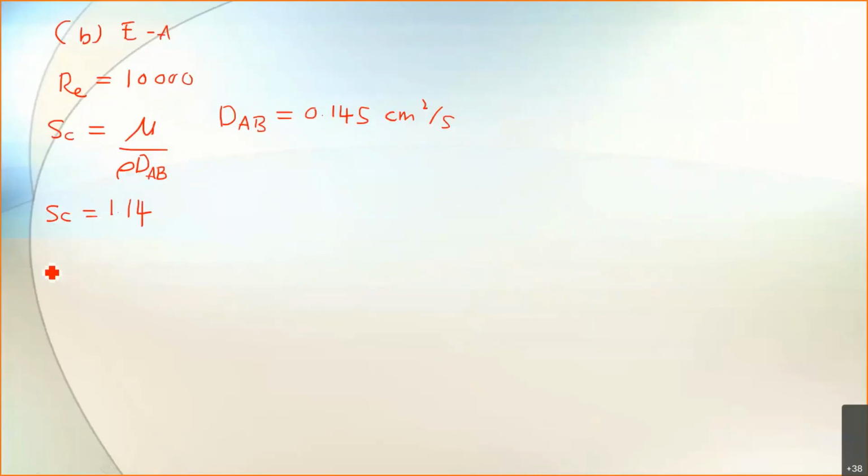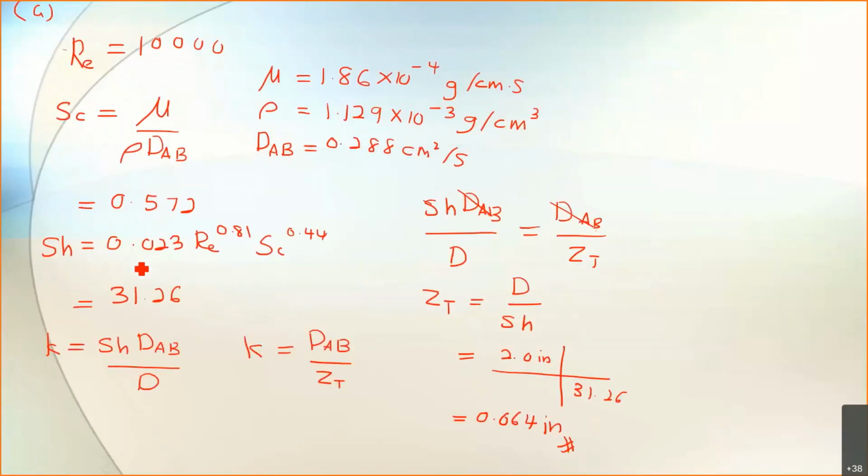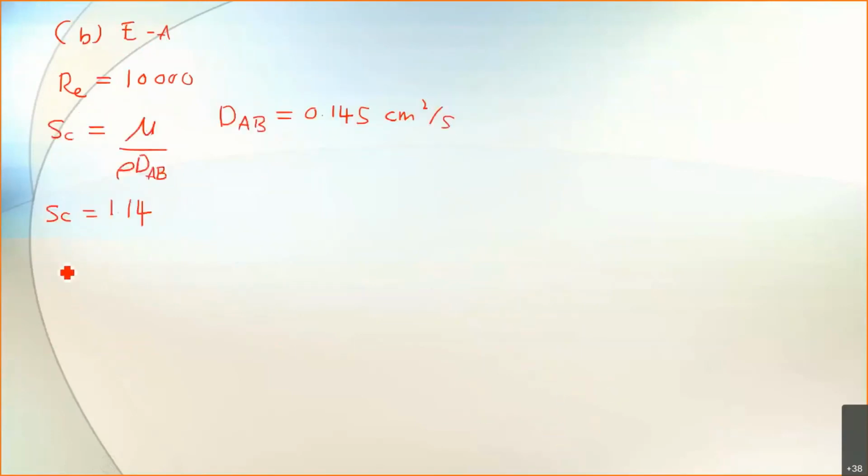Since our Schmidt number is still less than 430, we use the same equation for low Schmidt number. You should get a Sherwood number of around 42.3, and based on that, ZT is equal to 0.047 inch. This is the final answer.